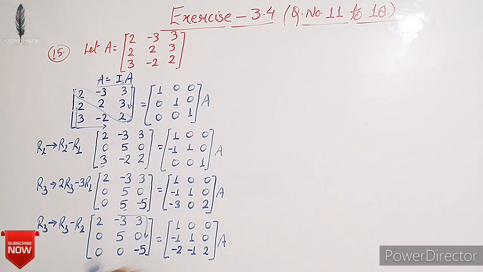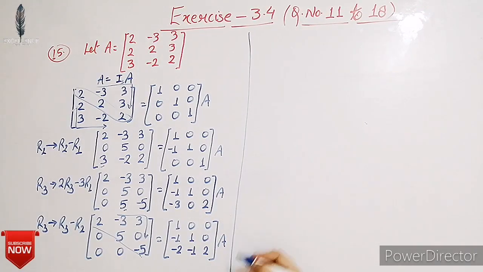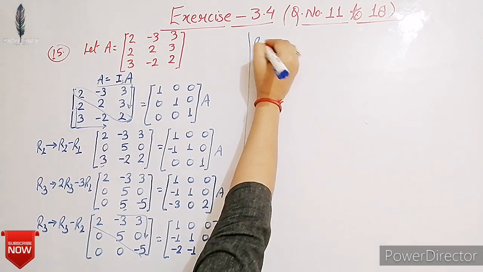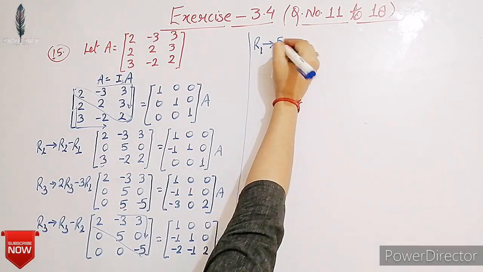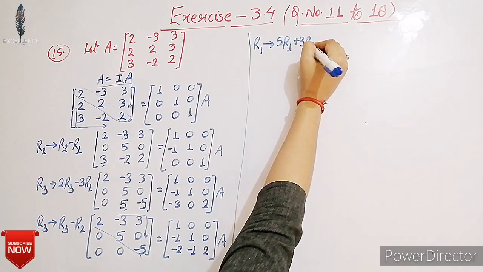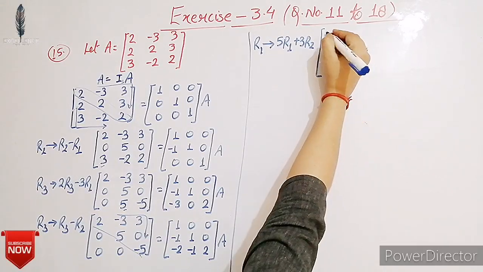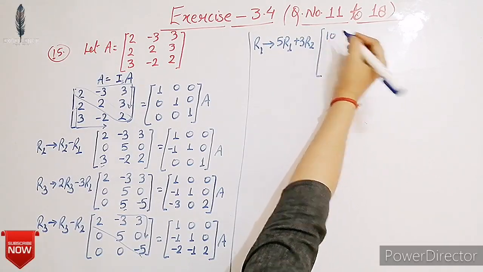Now we have to change these elements into 0 above the main diagonal. So now change minus 3 into 0, then we get R1 is such that 5R1 plus 3R2, because minus 3 का diagonal element उसके कॉलम में क्या है 5, जो R2 में है.